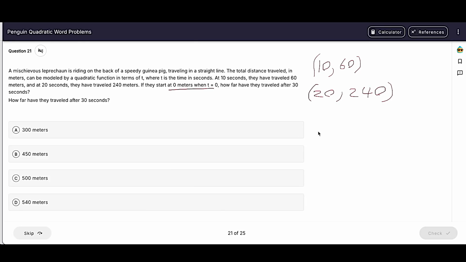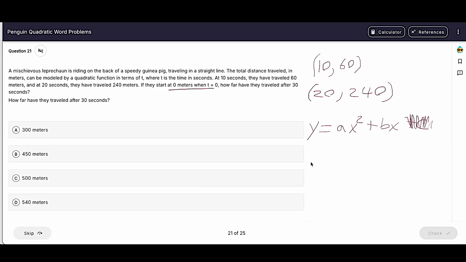So we can think about our standard form of a quadratic as y equals ax squared plus bx plus c. And because they gave us c equals 0, we could kind of ignore that part of it. So now what do we do? Well, we can plug these points in, right?